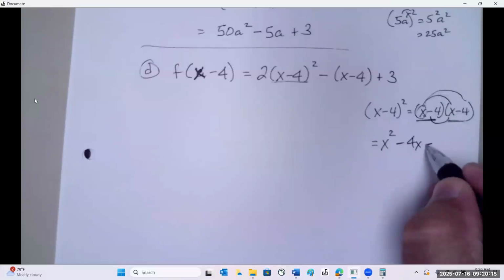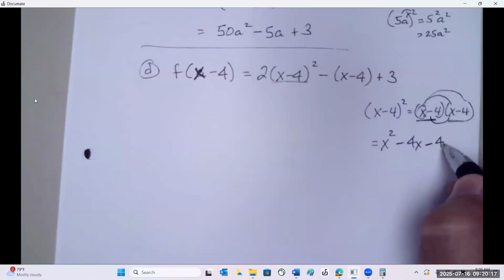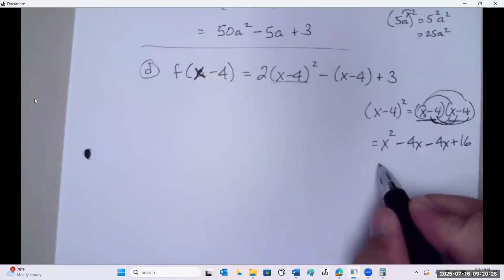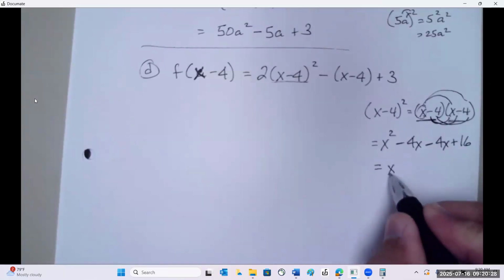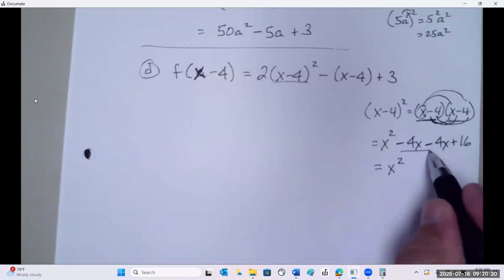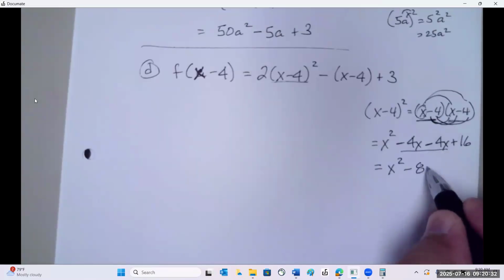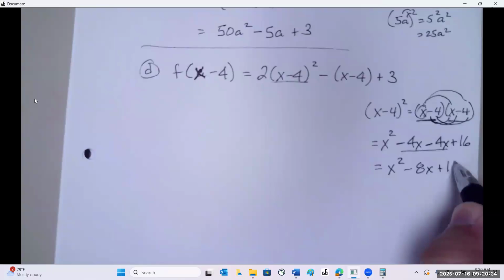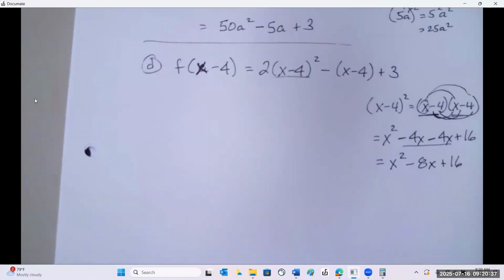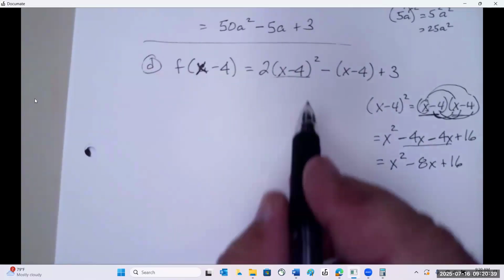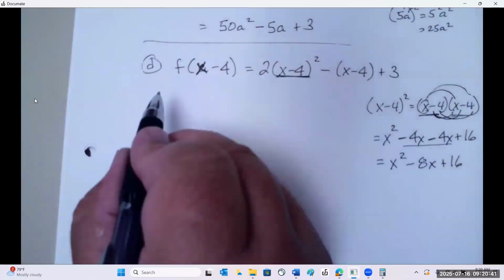Negative times positive is negative. 4 times x is 4x. Negative times negative is positive. 4 times 4 is 16. So negative 4x minus 4x is negative 8x plus 16.